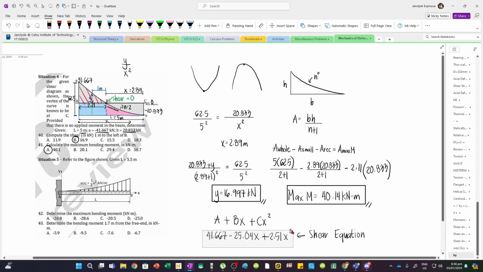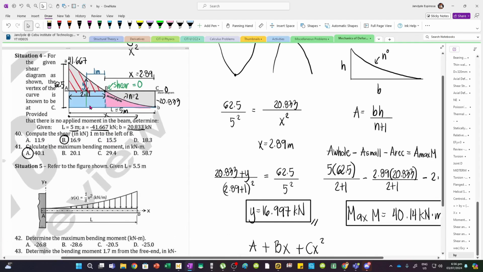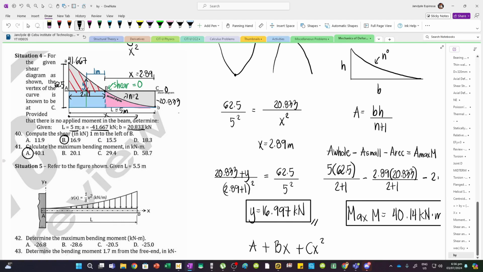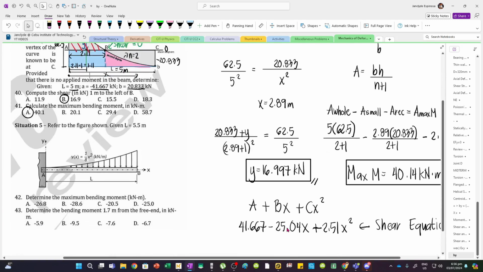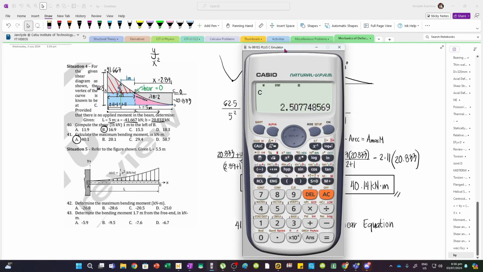Now using this function, we can directly solve for number 40 and 41. So for number 40, compute the shear 1 meter to the left of B. Now again, x is measured from the left side. So this distance is from here up to the point of interest, which is 1 meter to the left of B. This is 2.11 minus 1, which is 1.11. And so using this function, just substitute 1.11.